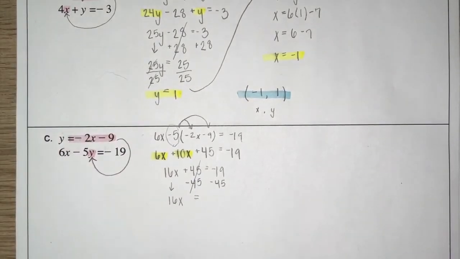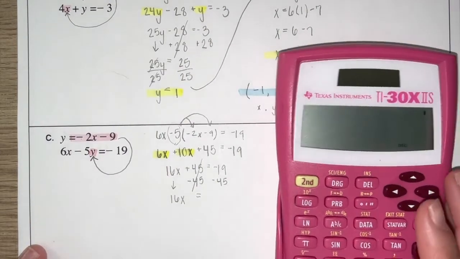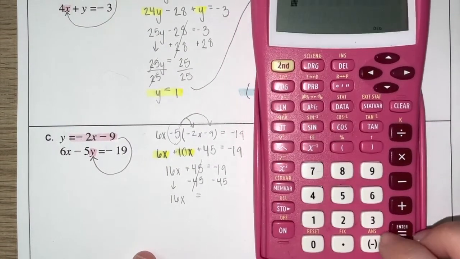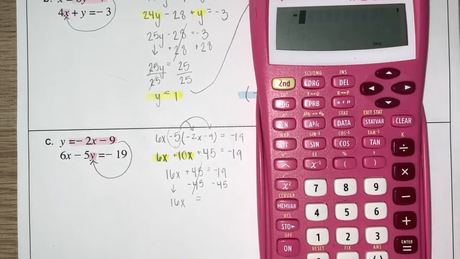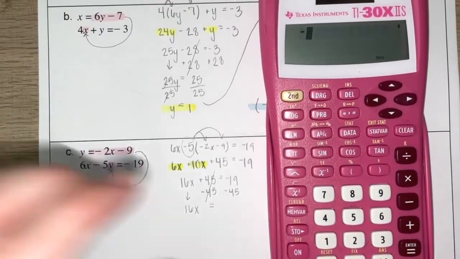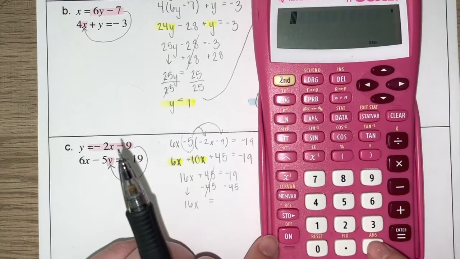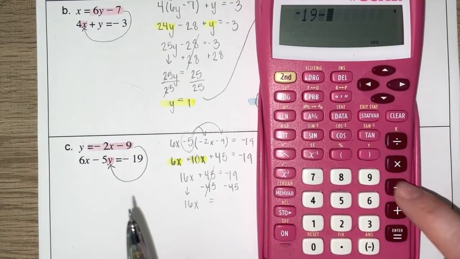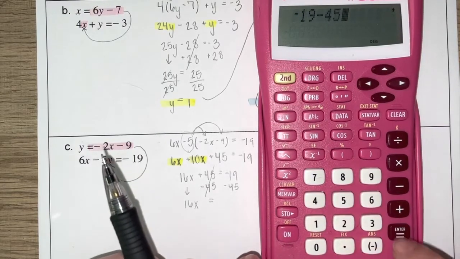If you want to use a calculator, it's totally fine. Just make sure you're careful with your negative signs and you double check it. So if you have a calculator like this, the negative sign is down here at the bottom, so negative 19 minus 45.